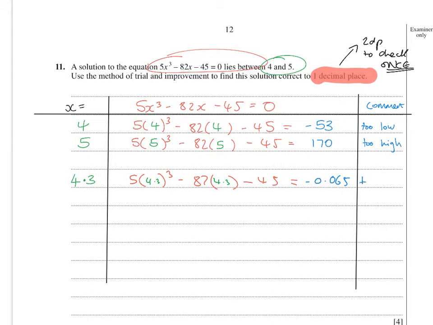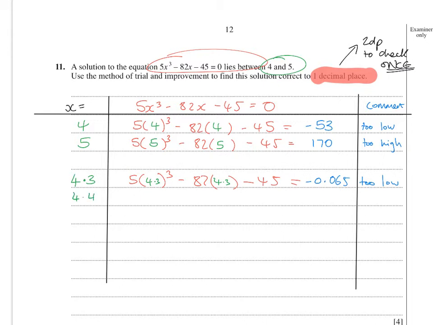Now that is only just too low, but too low nonetheless because it's a minus. Do not go 4.35 or 4.31. You go in consecutive numbers to this 1 decimal place. So that means you're going in the counting numbers, like 4.4, 4.5, 4.6 if needs be. I would have thought the next one will get there.